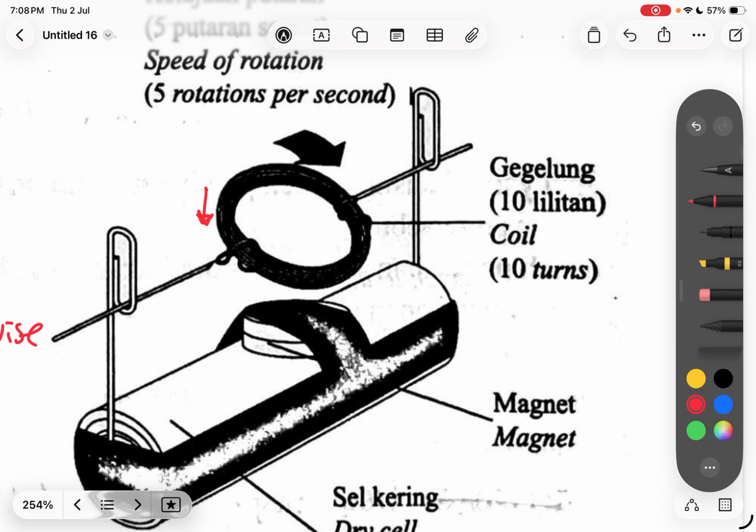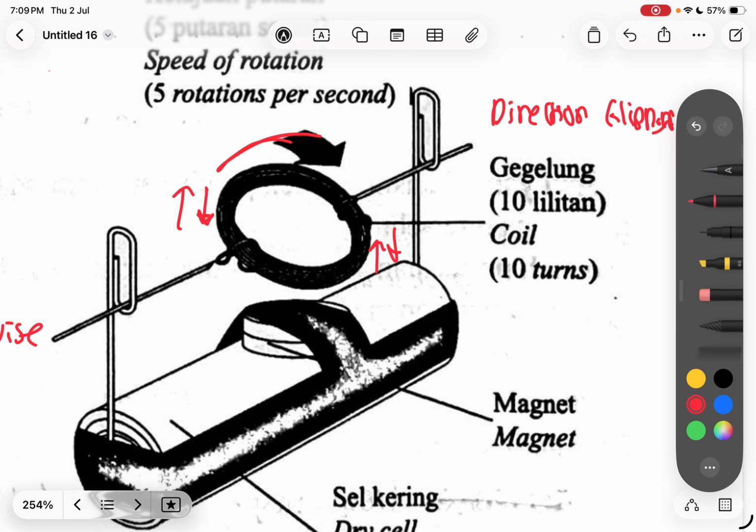Let's say this one is the left side force, it goes down, and this one goes up. Then it changes again, one goes up, one goes down. So the direction keeps on flipping.